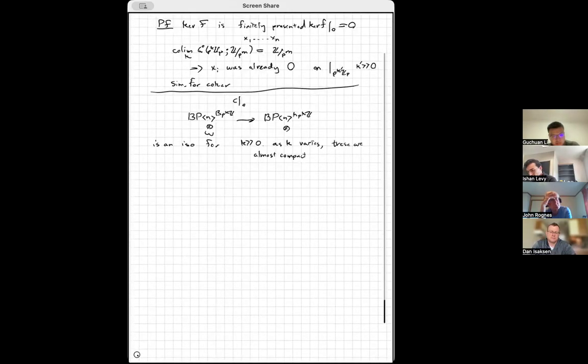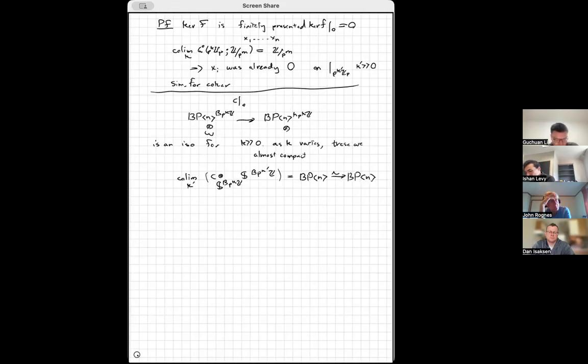And so going back over here, what we learn is that as we vary this k, we can just look at our map C tensored over S to the B P to the K of Z with S to the B P to the K prime of Z. And so the point is that if you take the colimit over K prime of all of these maps, you just get the identity map from Bpn to itself.